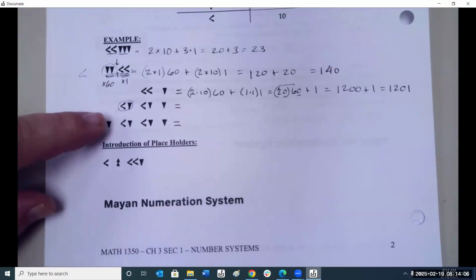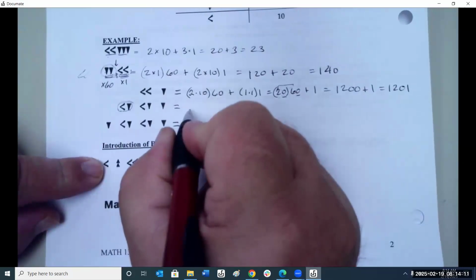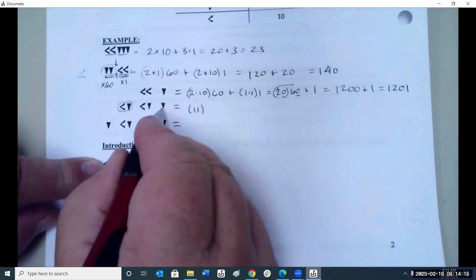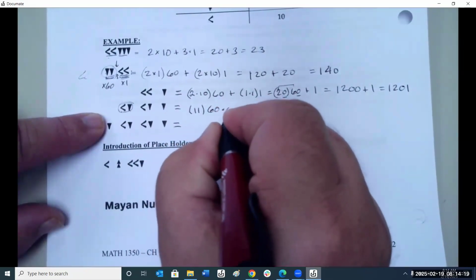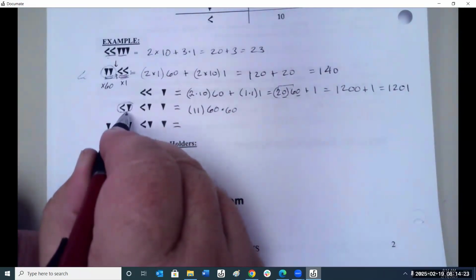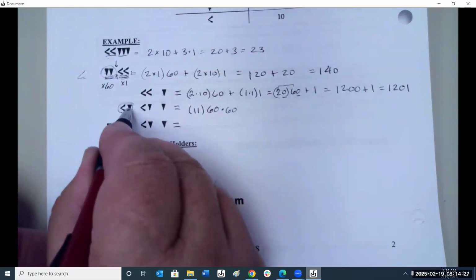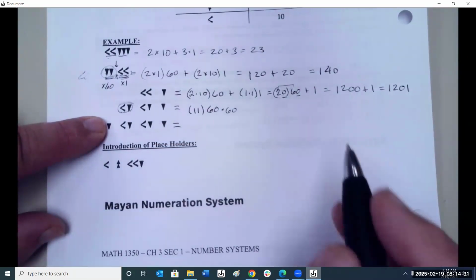Not 10 times 1. It's 10 plus 1. So it's 11. How many times is it multiplied? It's 60 times 60, because it's in the third category. So it's 10 plus 1 is 11 times 60 times 60.